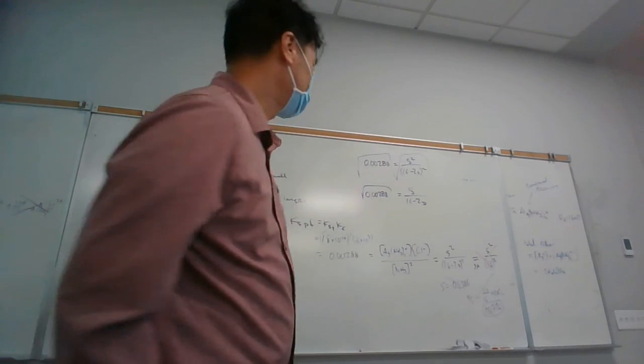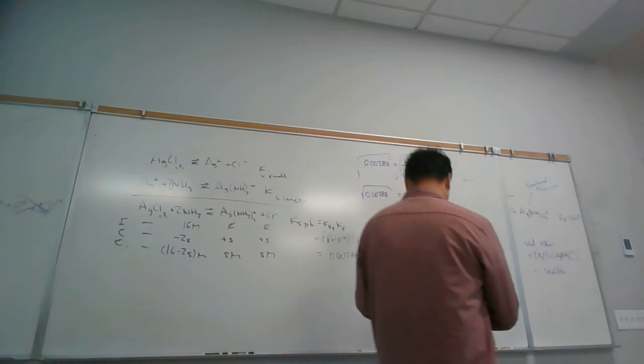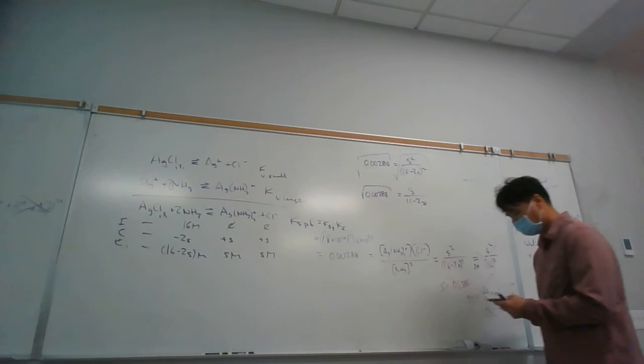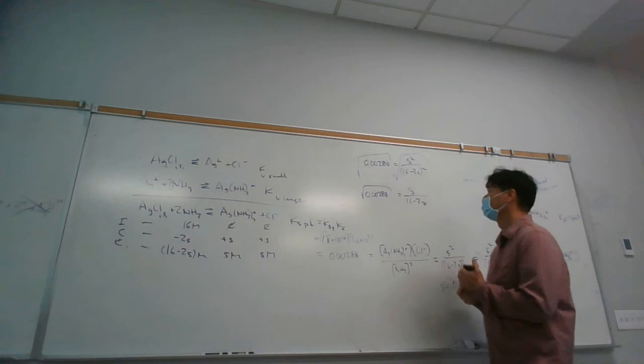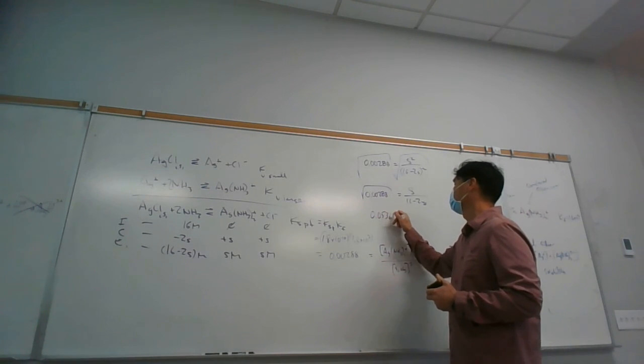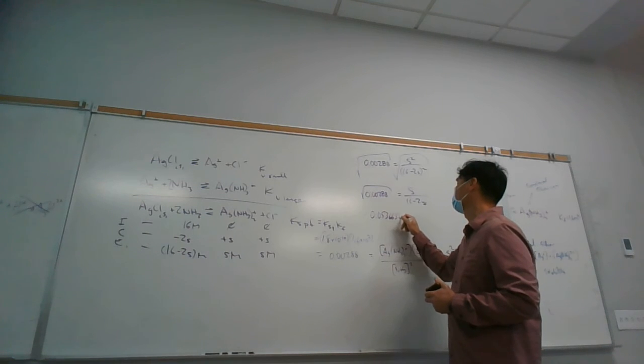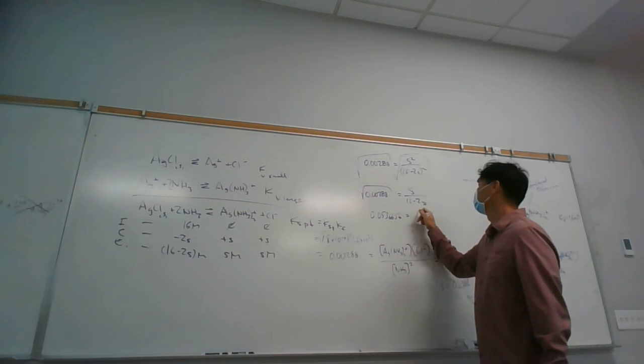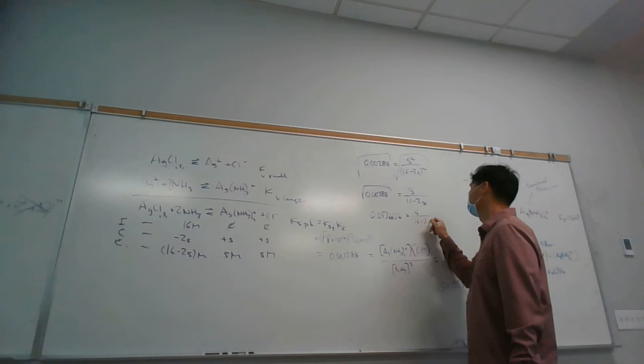And so what is the square root of 0.00288? 0.05366. Yeah, 0.05366. Okay, that should be enough. Is equal to s over (16 minus 2s).